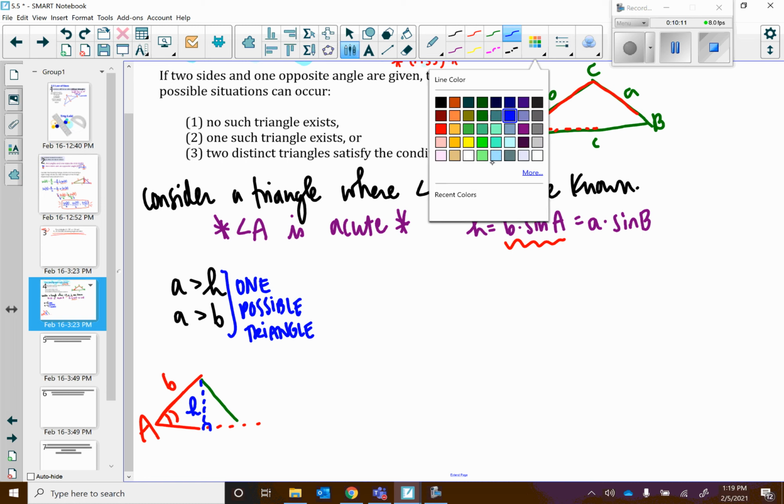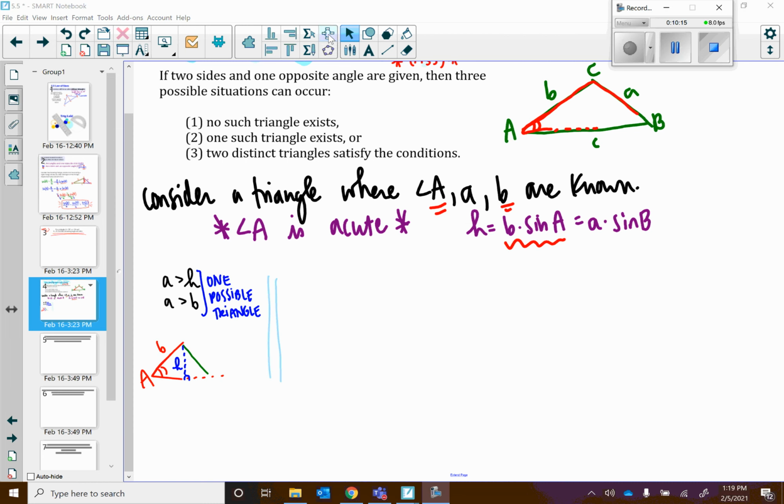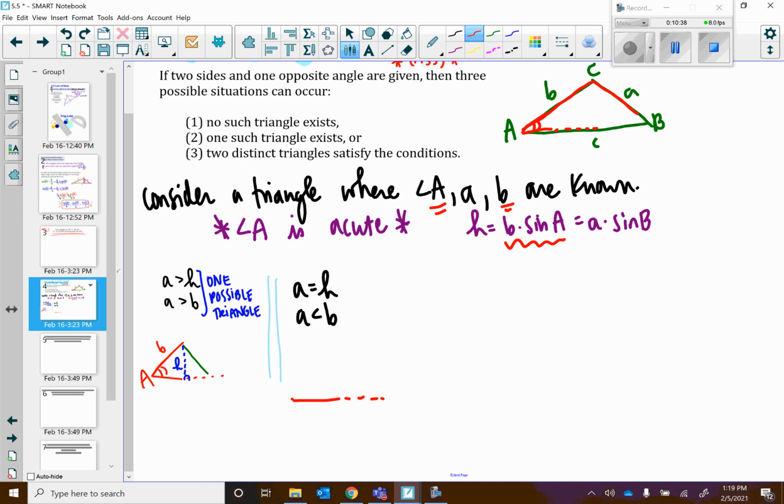That's case number one. One possible triangle here. Our second scenario would be if our side A is equal to the height, but A is shorter than side B. So again, we don't know how long this side down here is, but we know angle A is something like this.